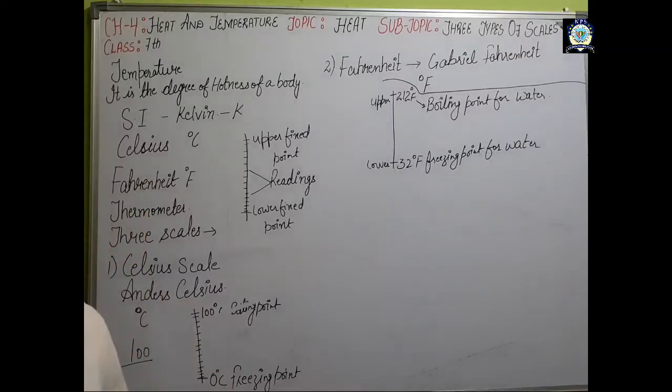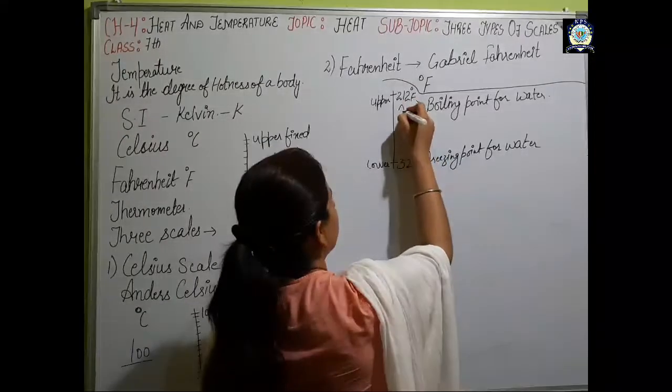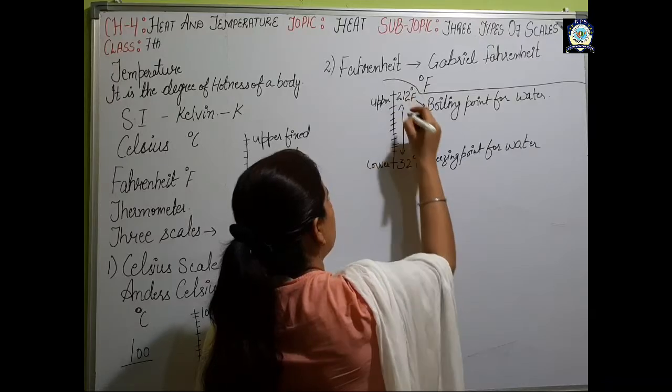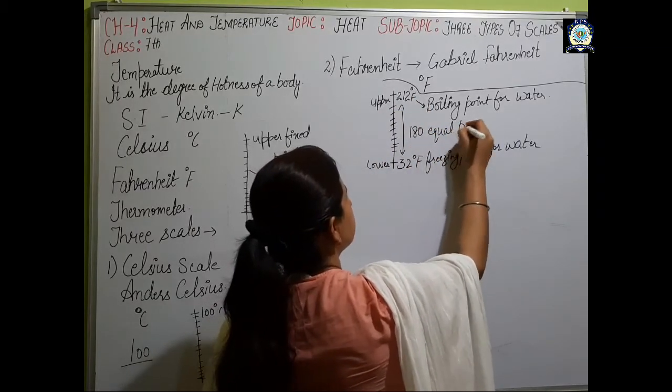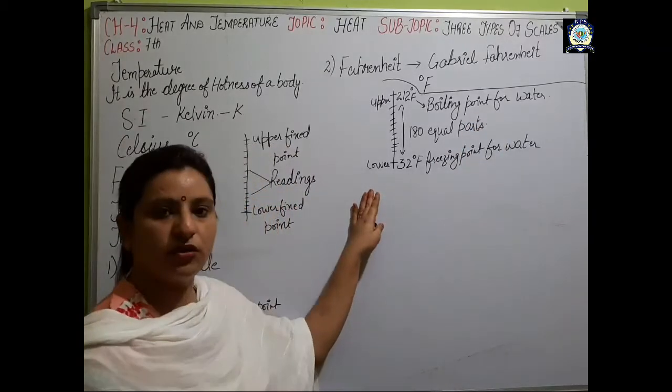And also it has a total of 180 equal parts. How many parts does it have? It has 180 equal parts. This is all about the Fahrenheit scale.